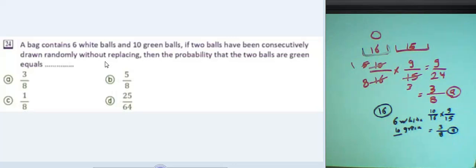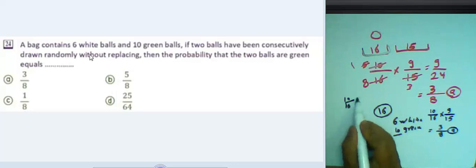Choose letter A. What about without replacing? Without replacing means we can't put the ball back for the next step. But if the teacher cancels this word without, you must write 10 over 16 multiplied by 10 over 16.